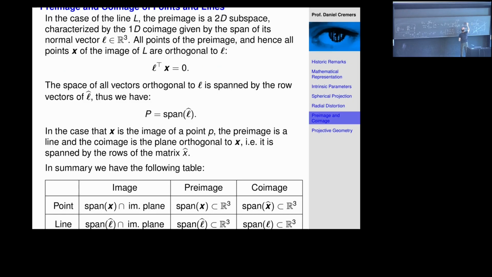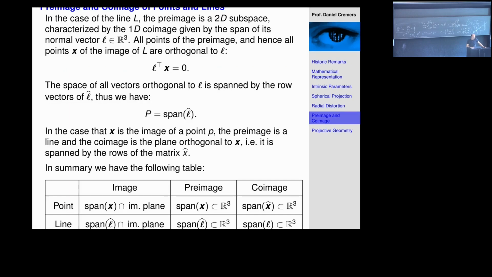If this is your screen and you see a curve in the screen, that also defines a surface, a curved surface in 3D space that is the pre-image to that curve, right? Just by connecting all the points in the image plane that I see along this curve to the origin, I get this 3D surface, a surface in 3D that defines the pre-image of that curve.